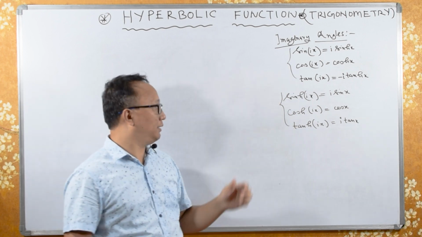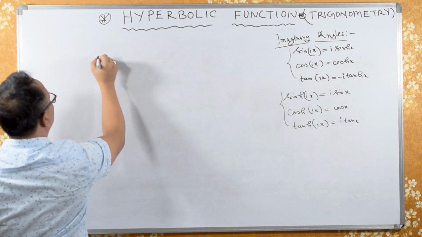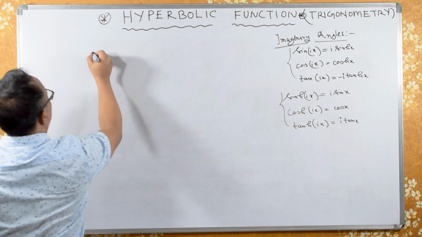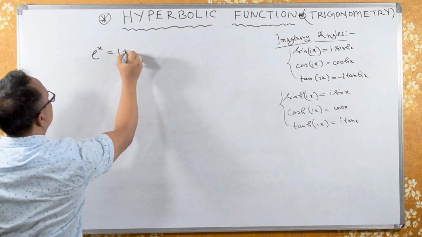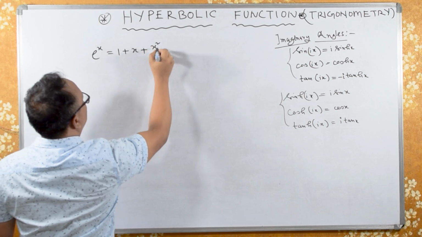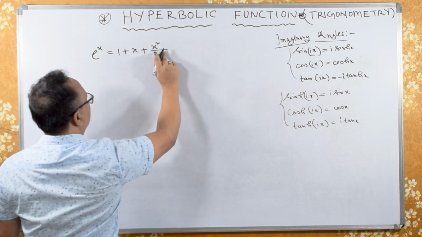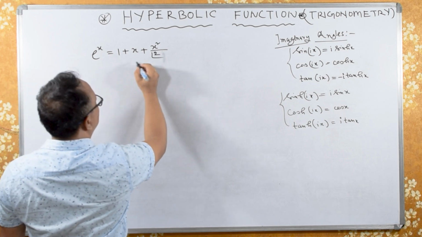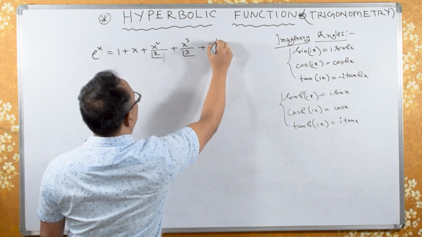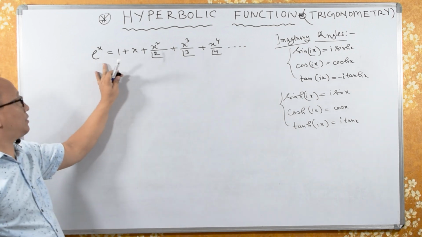From the exponential function, we know that e raised to x equals 1 plus x plus x square by 2 factorial plus x cube by 3 factorial plus x4 by 4 factorial and so on. This is the e raised to x formula.